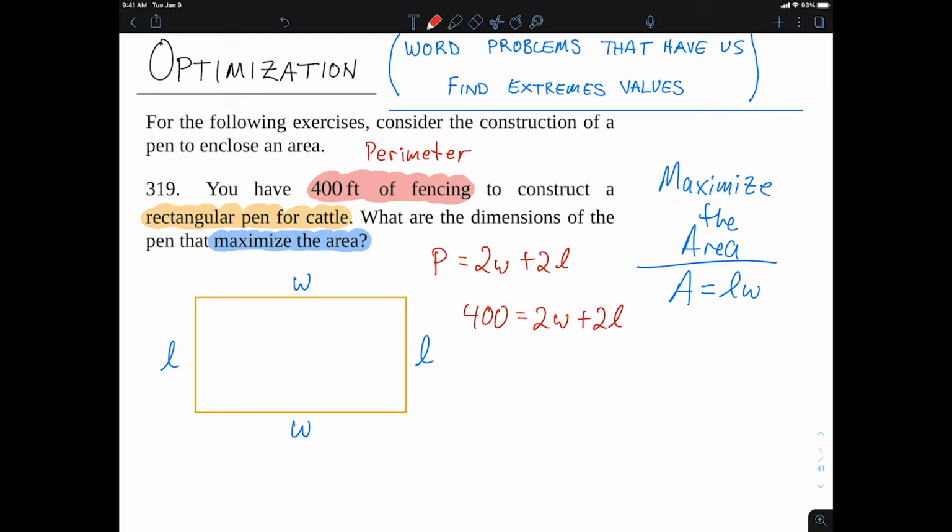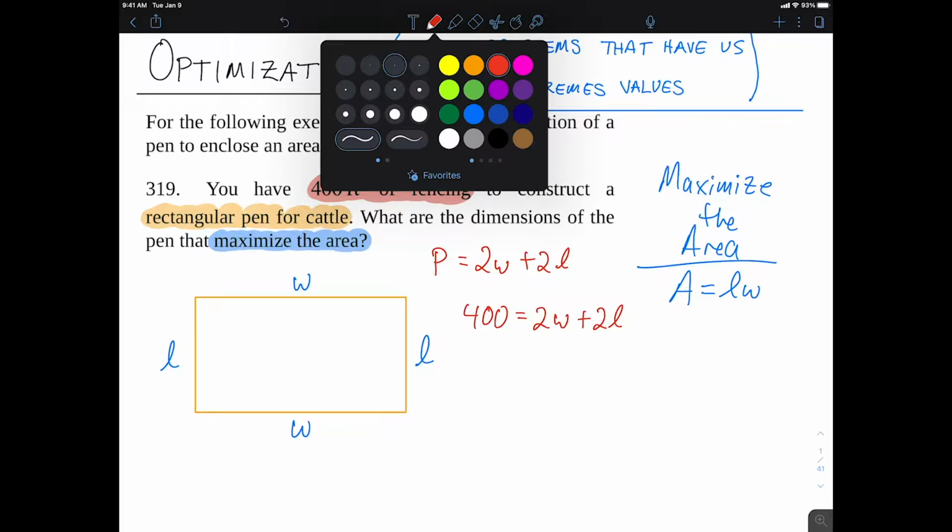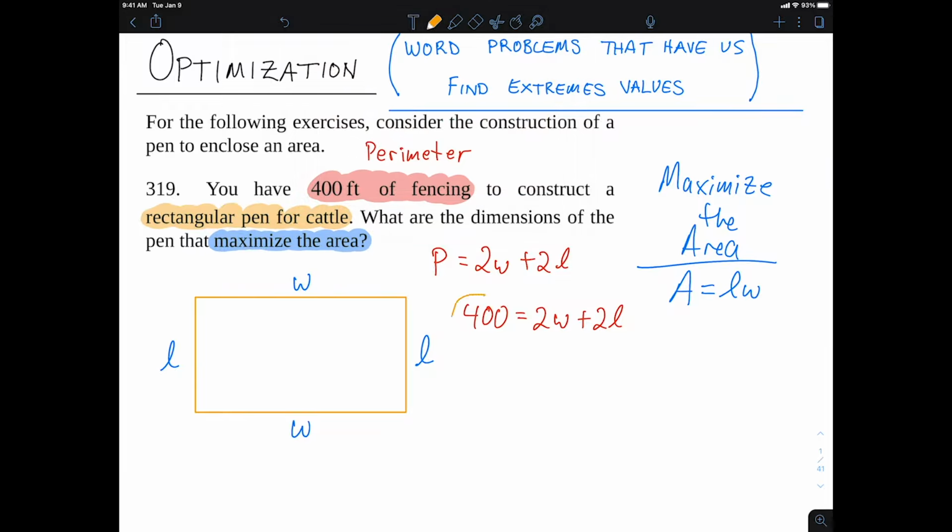If we have both of those things, now what we can do is take the perimeter equation, solve for L or W, and then plug this into our area equation.